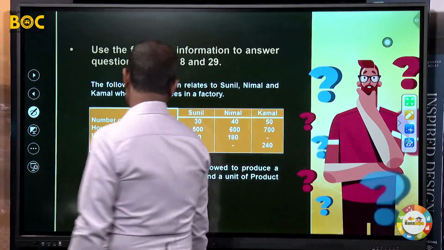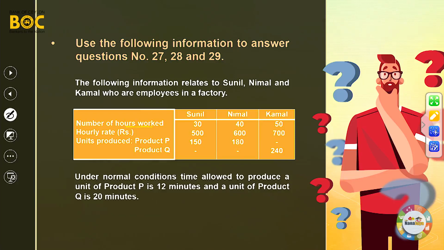The units produced. Product P by Mr. Sunil and Mr. Nimal. Mr. Sunil has produced 150 units whereas Mr. Nimal 180. But our third employee, Mr. Kamal, has produced 240 units.